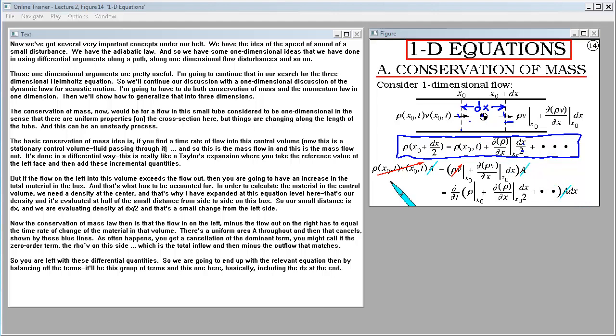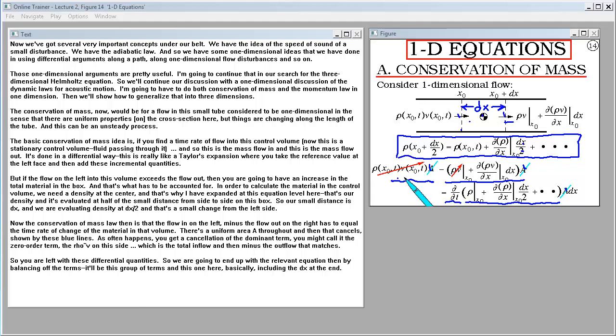Now the conservation of mass law then is that the flow in on the left minus the flow out on the right has to equal the time rate of change of the material in the volume. There's a uniform area A throughout, and then that cancels, shown by these blue lines. As often happens, you get a cancellation of the dominant term.